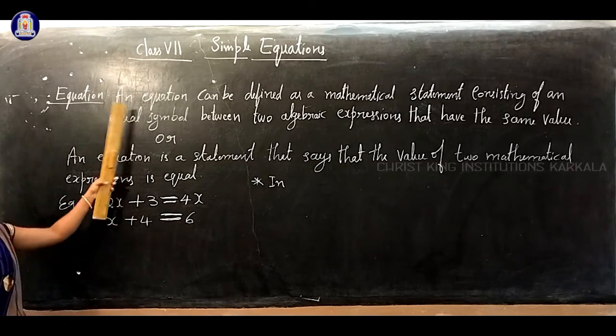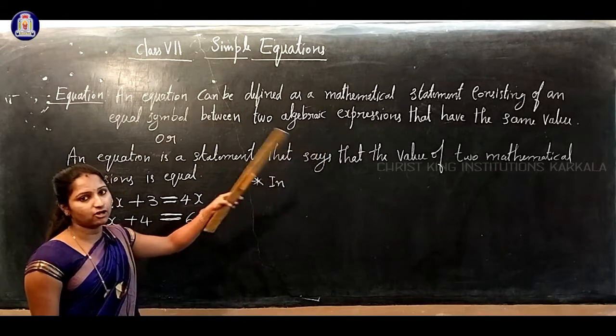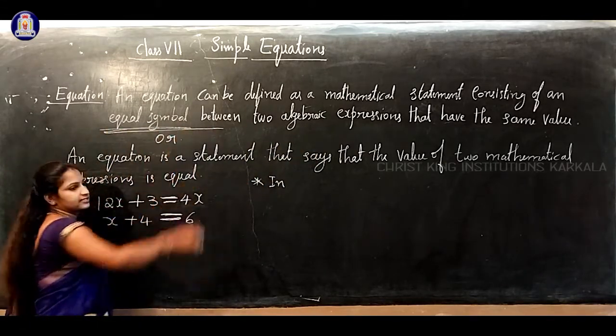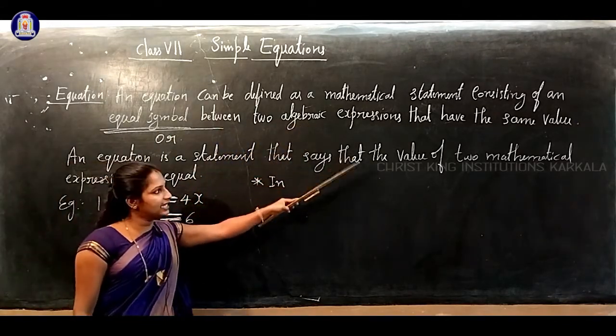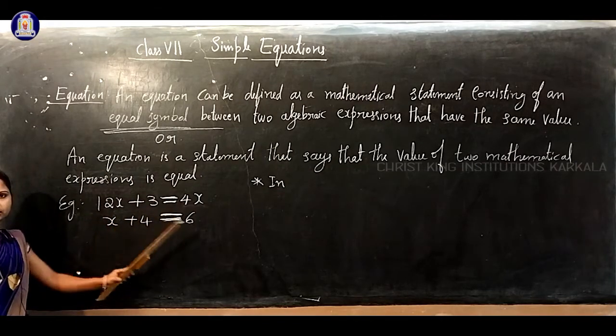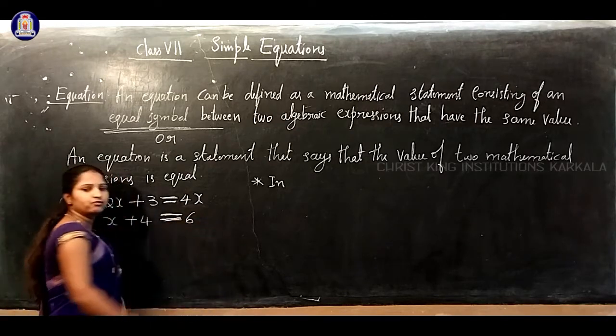So an equation can be defined as a mathematical statement consisting of an equal symbol between two algebraic expressions having the same value. Clear? Same value means the left hand side answer and right hand side answer should be the same.